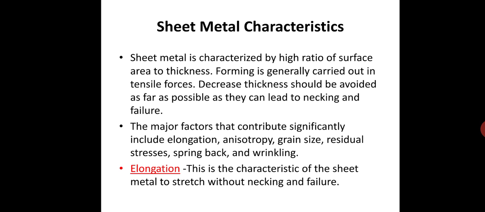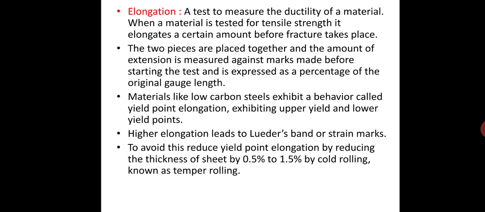First, elongation. It is the characteristic of the sheet metal to stretch without necking and failure. Here are some examples of the elongation test to measure the ductility of a material. When the material is tested for tensile strength, it elongates a certain amount before fracture takes place. The two pieces are placed together and the amount of extension is measured against marks made before the test, and is expressed as a percentage of the original gauge length.